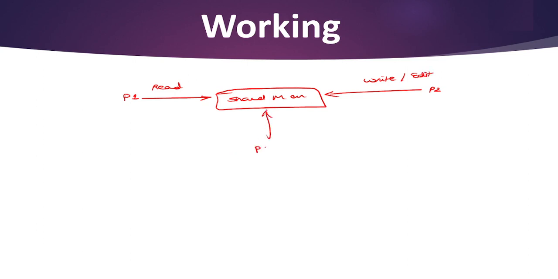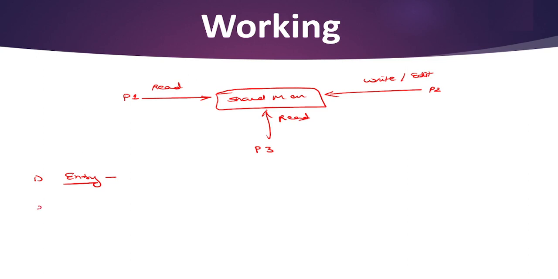At the same time process P3 also wants to read the data. Here we have different sections of a process. First we have the entry section. It is a working part. The entry section decides the entry of a process.